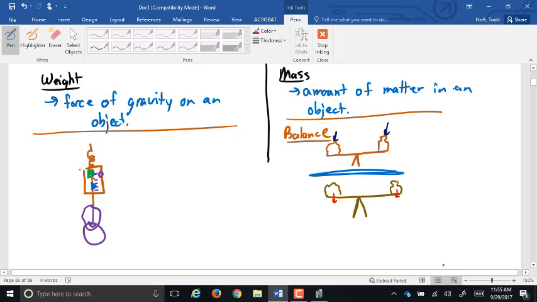So they're still going to stay balanced. So the mass doesn't change. However, if we take our scale to the moon, gravity is pulling less, so it's going to stretch that spring a lot less, so the weight changes.